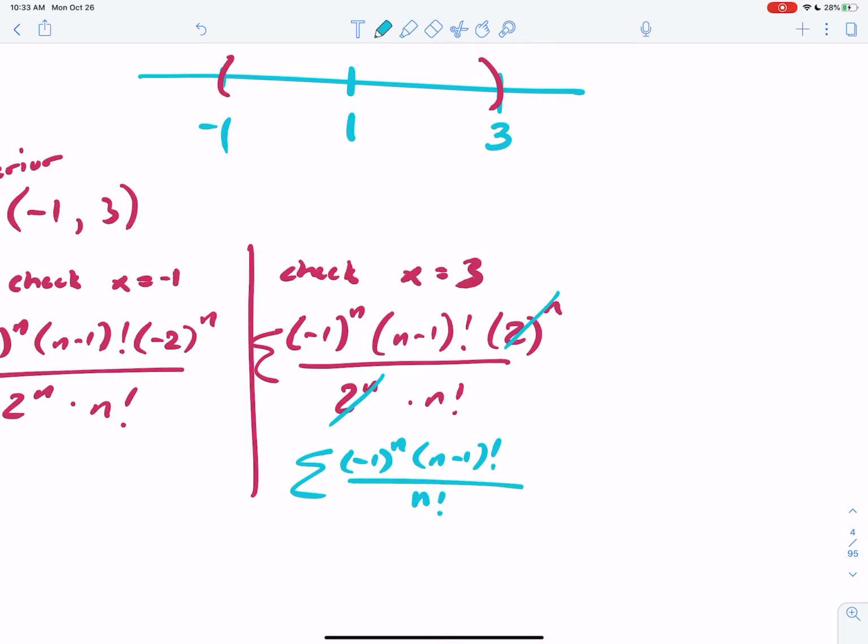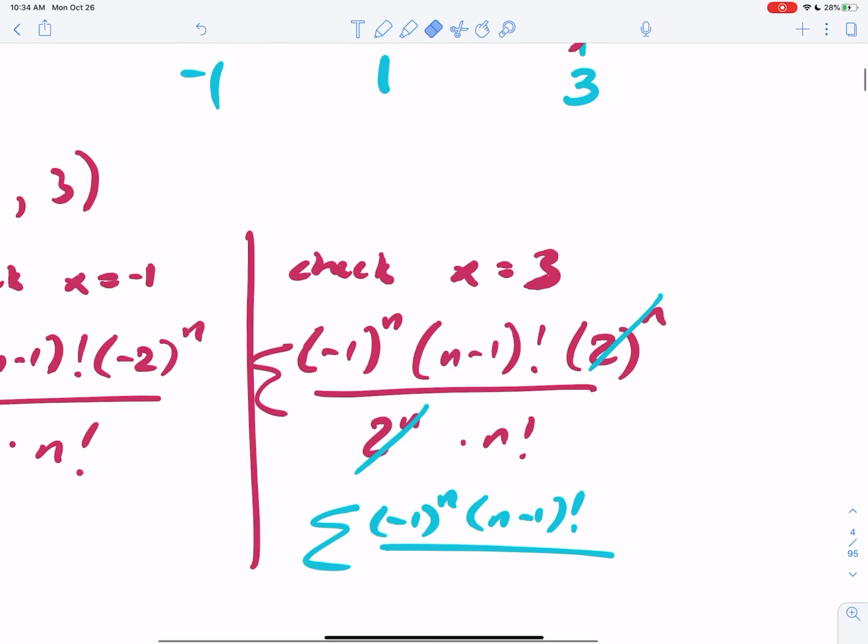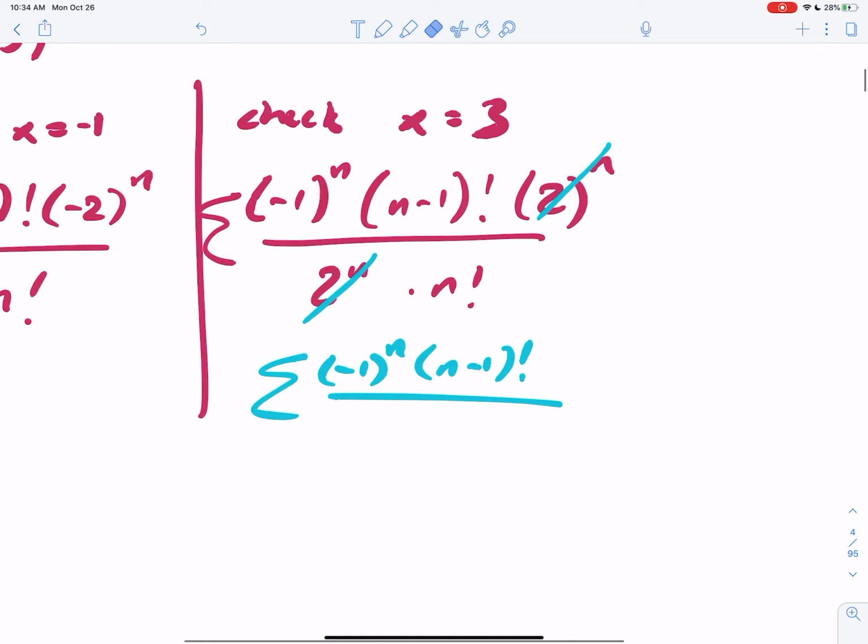Okay? So remember, when you're dealing with factorials, you're trying to reduce it here. And since n factorial is larger than n minus 1 factorial, we're going to play with the larger one. So n factorial is actually n times n minus 1 factorial.